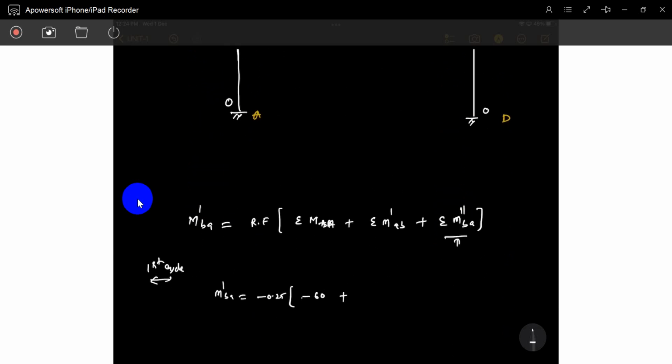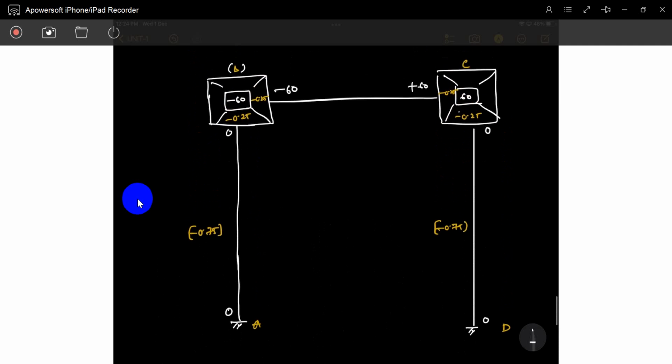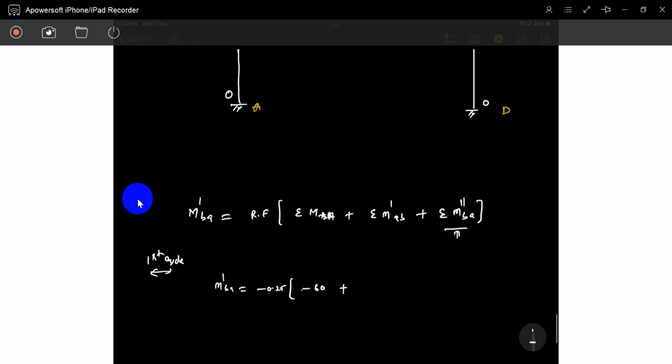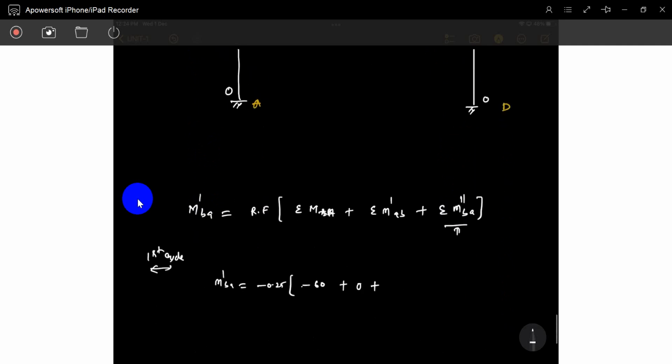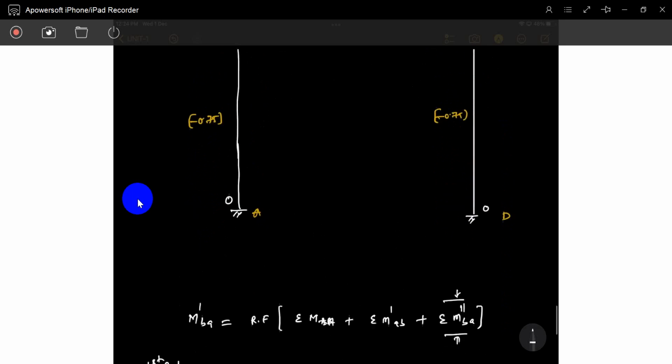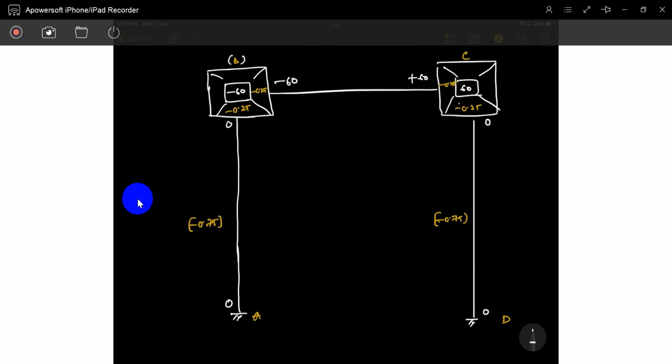The sum of the rotational contributions towards that joint: from A it is 0. From C, CB, we haven't calculated it yet, so take it as 0. And also the translational contribution, we haven't calculated it yet. So what are the translational contributions? BA and BC.